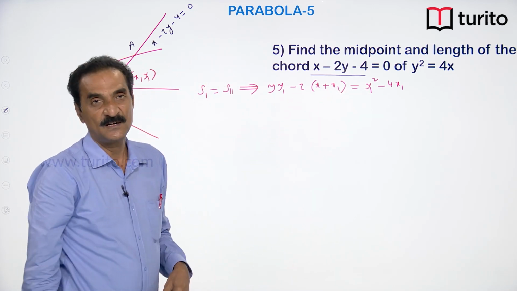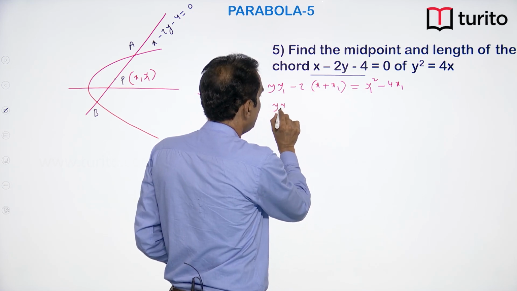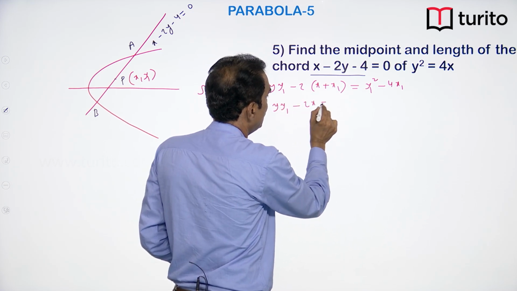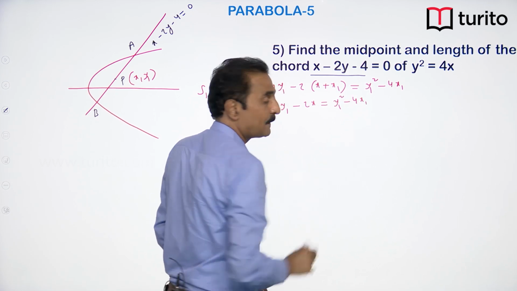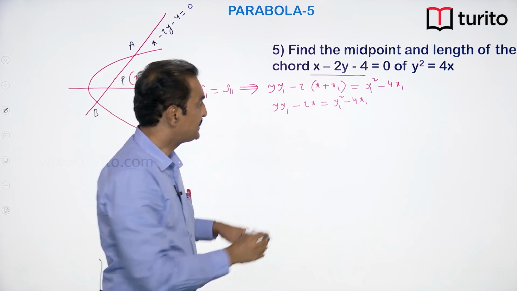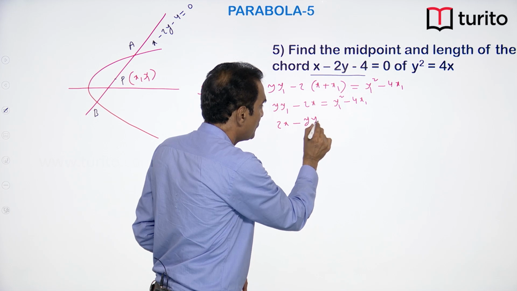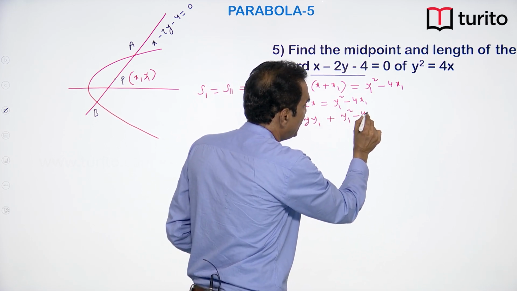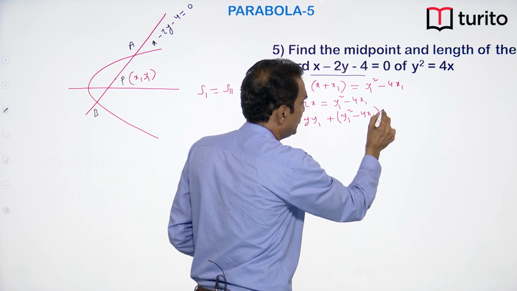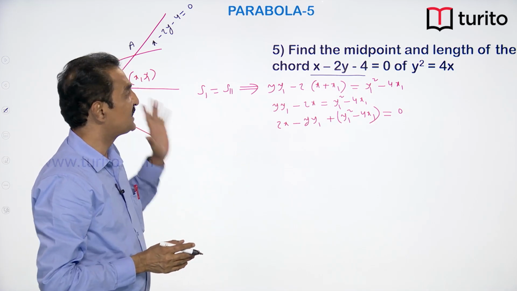Cancelling minus 2x1, we get y1 minus 2x is equal to y1 square minus 4x1. We can write it as 2x minus y1 plus y1 square minus 4x1 is equal to 0. This is the equation of the chord with midpoint x1, y1.